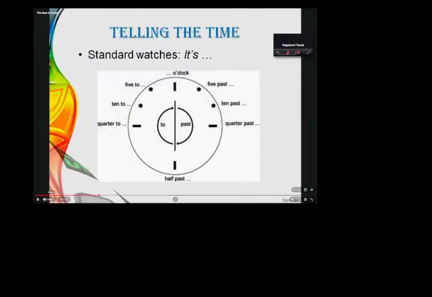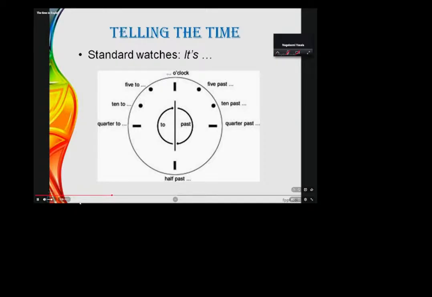Okay, so now let's move to telling the time with standard watches, the watches which most of us have got on our wrists, the watches which have got hands on them.